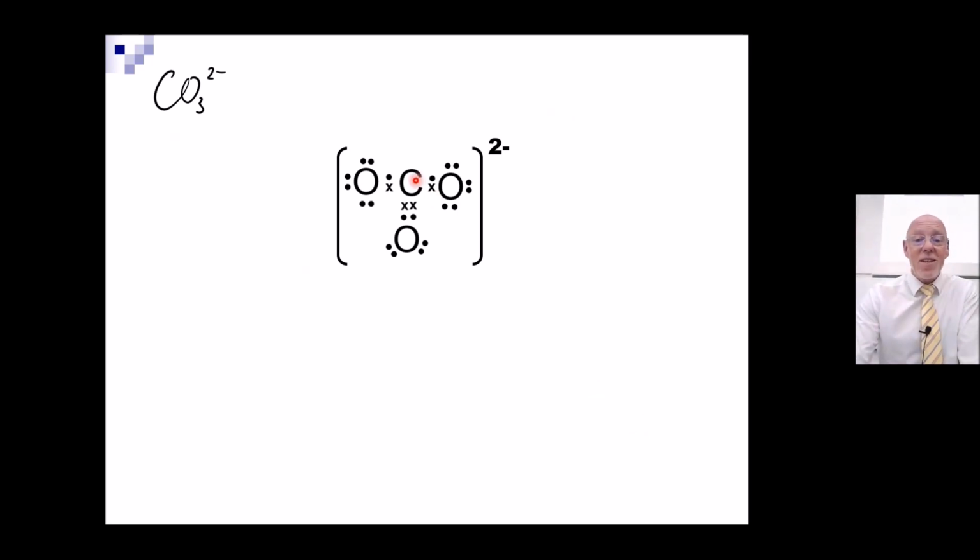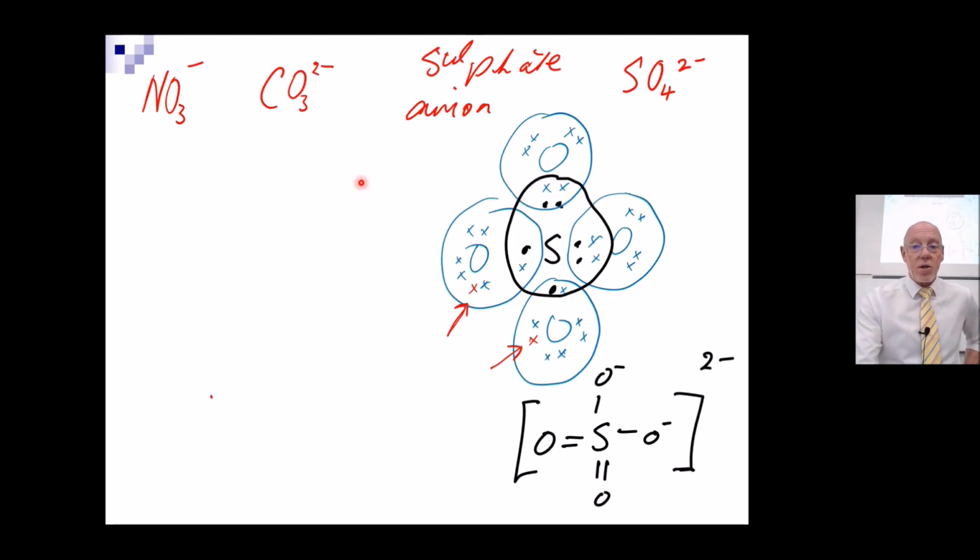This time I've drawn the carbon's electrons as crosses. It doesn't matter who's the cross and who's the dot. 1, 2, 3, 4. We know carbon's got 4 valence electrons, that's fine. It makes a double bond with 1 oxygen. Then it makes 2 single bonds with 2 other oxygens. And those 2 other oxygens have each got an extra electron.